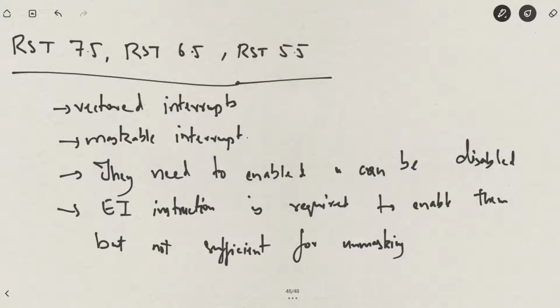We have to use another instruction, and that is the SIM instruction, which needs to be used for unmasking these interrupts. We have discussed two instructions before this, EI and DI. They form a part of the machine control group, and we have another instruction, SIM. This is yet another instruction in the machine control group. Fine. So you have to write SIM.